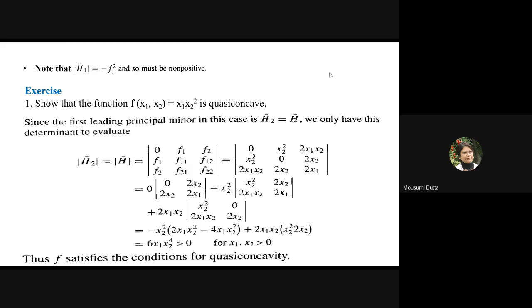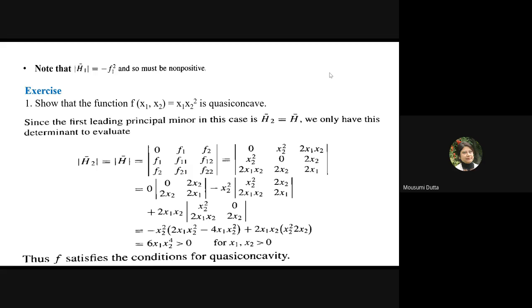Actually, we have to do a lot of applications. When we go for applications, all these things will appear. So we need to put several notes here and learn several issues, so that when we apply these notions in the context of utility function and production function, we will be able to do all these things.